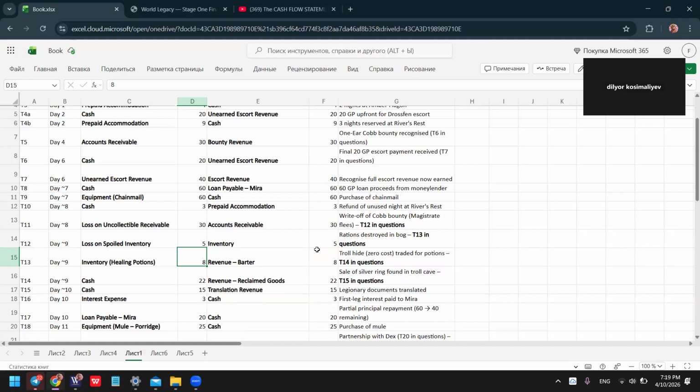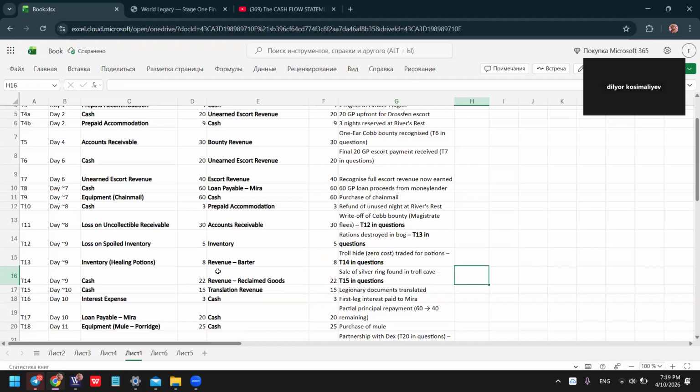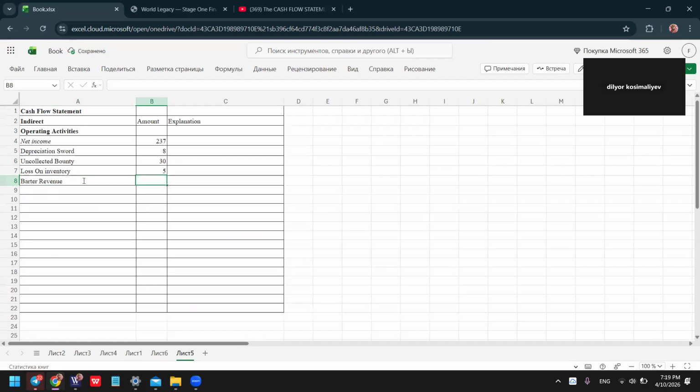It was traded for potions, as it's written here, not for cash. That's why we should not record it as a profit. Barter revenue, we can say, -8.